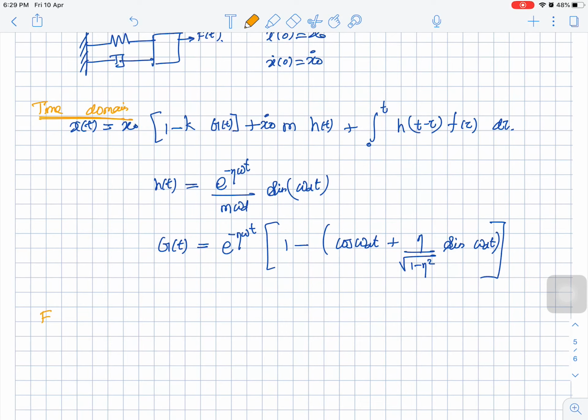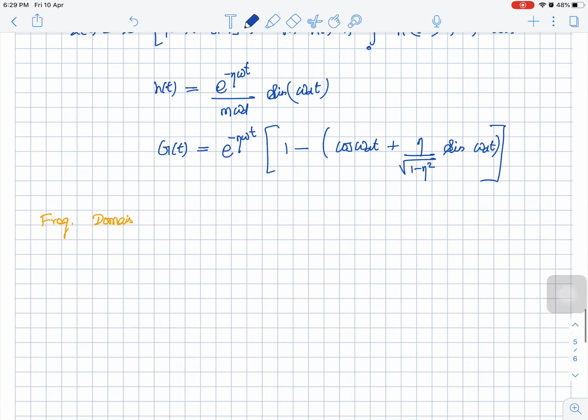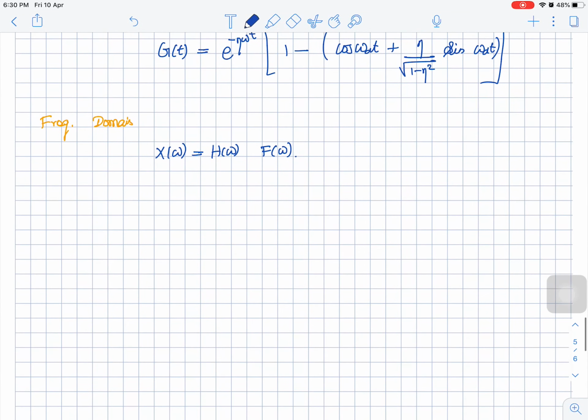So where is the frequency domain? It will be easily represented as x of omega equal to h of omega times f of omega. For that you need to take the Fourier transform of the time domain elements individually, then substitute in this equation.